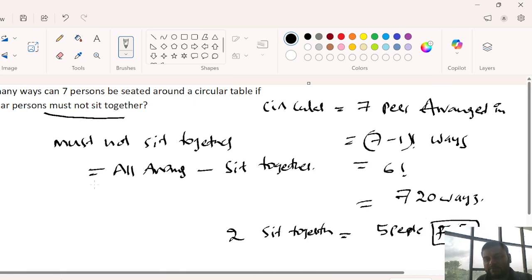Let us consider them as a block. This will be internally done in 2 factorial ways, and there are 5 people plus one block. So all arrangements are 720, from there subtract the together arrangements.